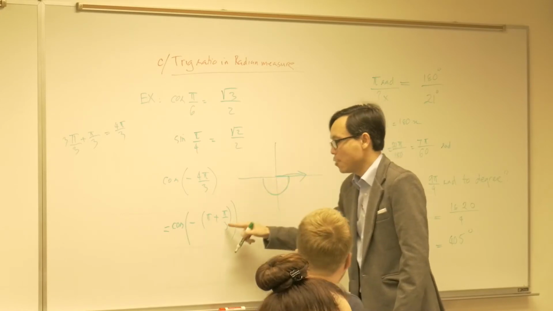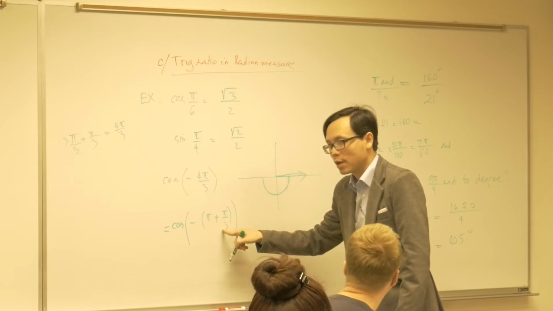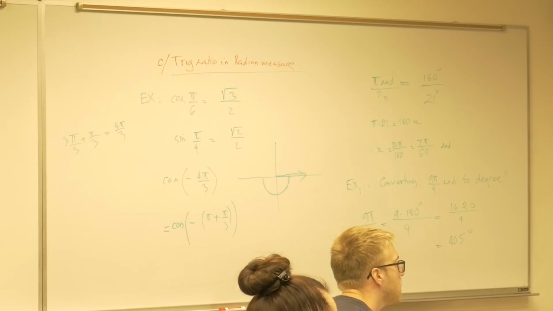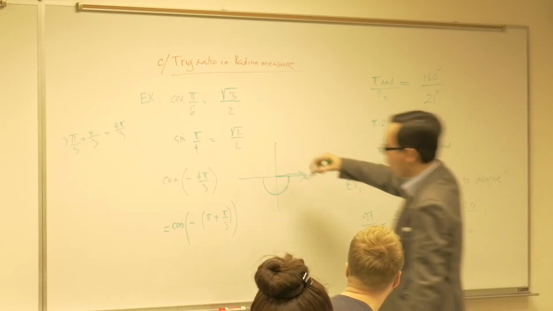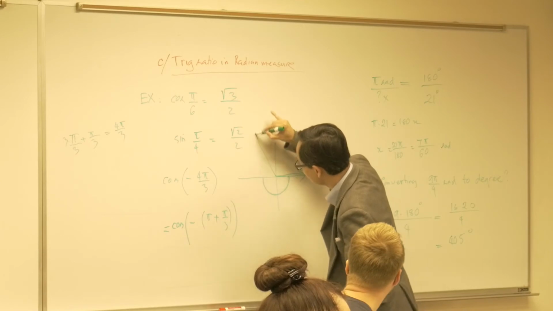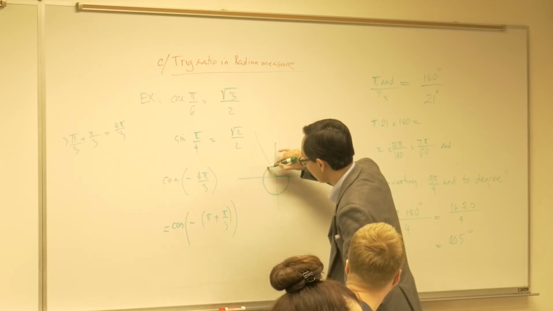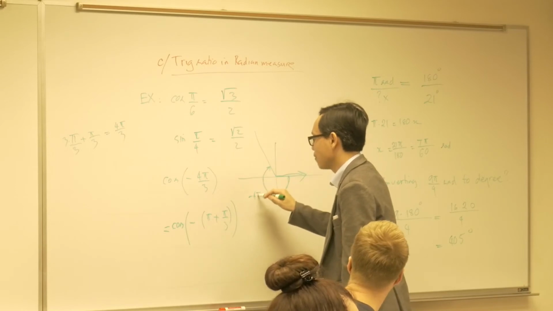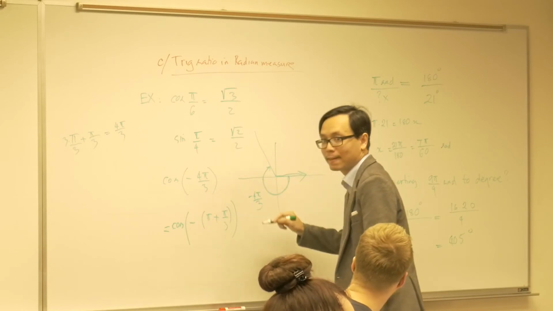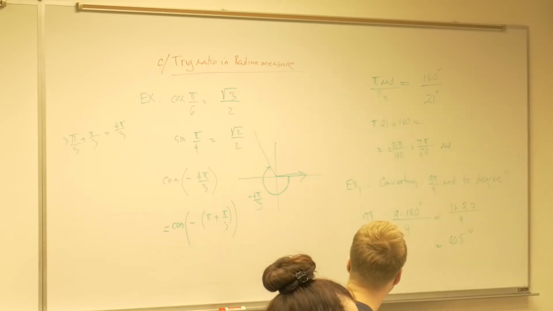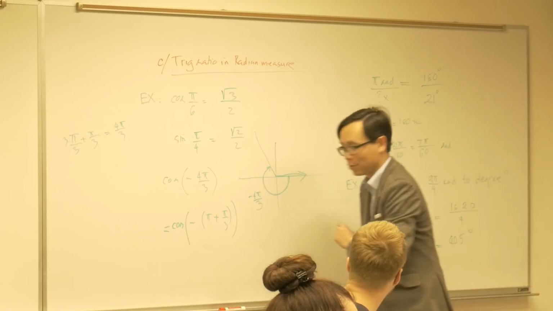Then you add pi over 3, and pi over 3 is how many degrees? 60. So you add 60 degrees more, then it should be over here. So there you go, this one will be negative 4 pi over 3. So you have to draw the circle too, and everything is based on the reference angle also.